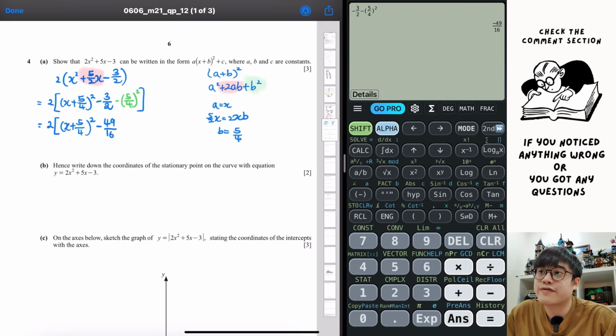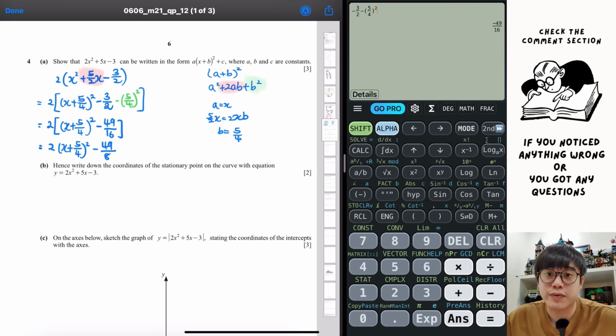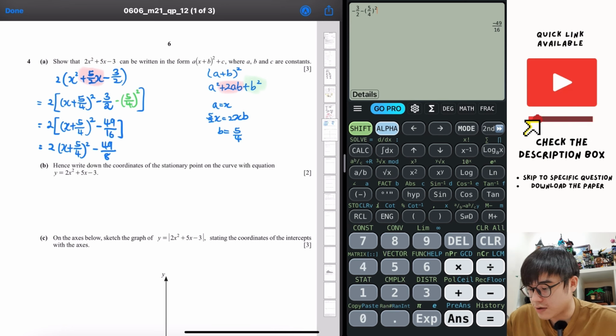So with this -49/16, you can get to your final answer by multiplying the 2 into it, which fulfills the condition that the question set. So you get -49/8 as the end. So the A here will be the 2, your B will be 5/4, and your C will be the -49/8. So that's how you get to the answers here.